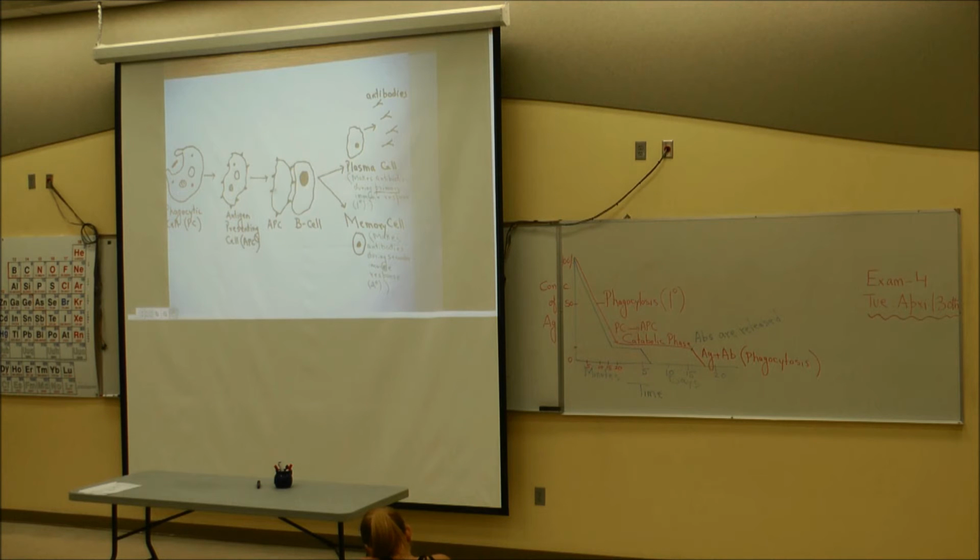So the antigen presenting cell takes this T independent antigen to B cell. This is antigenic stimulation. They merge together and split into 2 types of cell, plasma cell and memory cell. Here is one with a degree sign, primary immune response, plasma cell produce antibodies. 2 with the degree sign right here, memory cell produce antibodies.